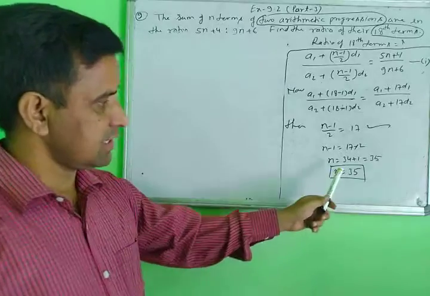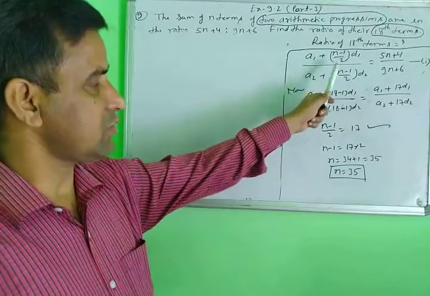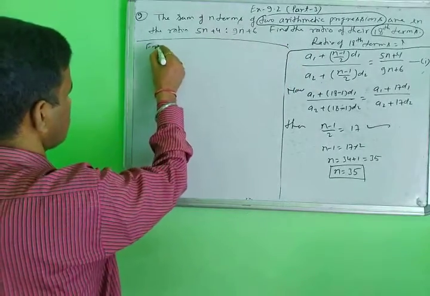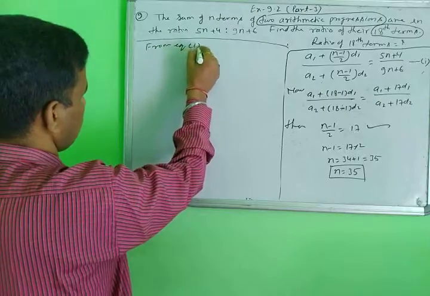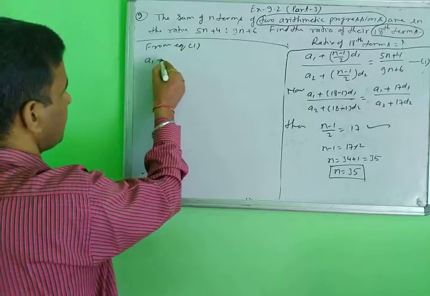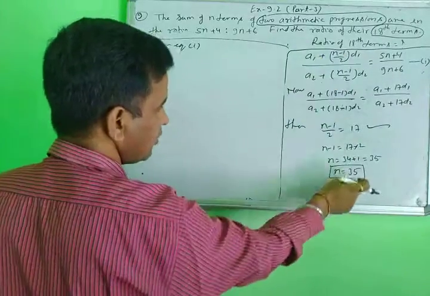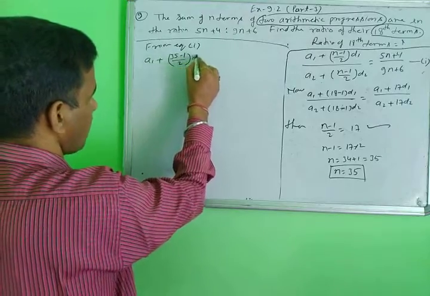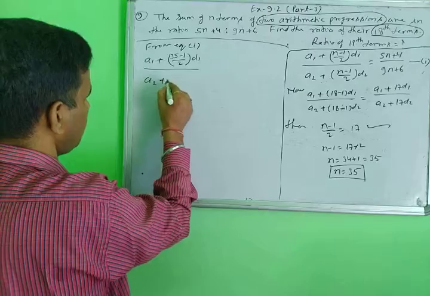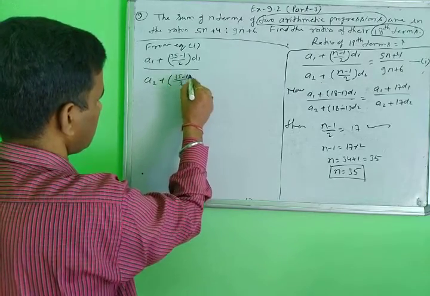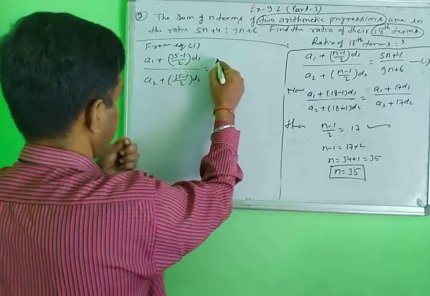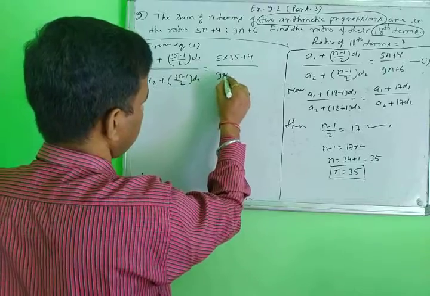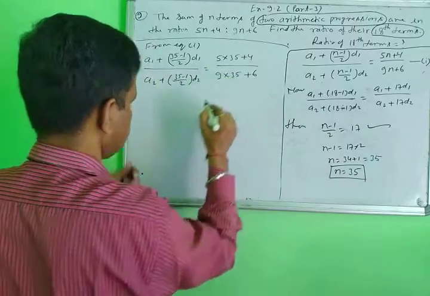Yes, students. So you put this value in equation first and you will get the correct answer. So from equation first, a1 plus (35 minus 1) upon 2 d1, upon a2 plus (35 minus 1) upon 2 d2, equals 5 into 35 plus 4 upon 9 into 35 plus 6.